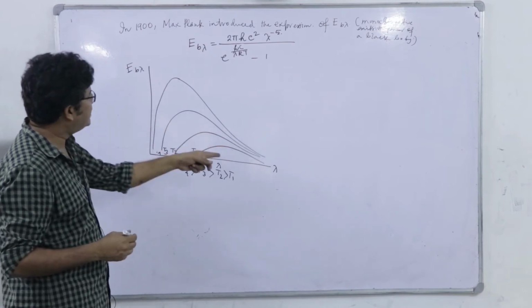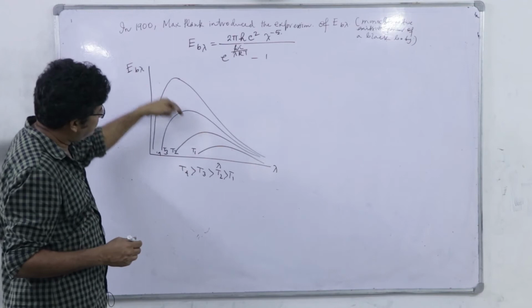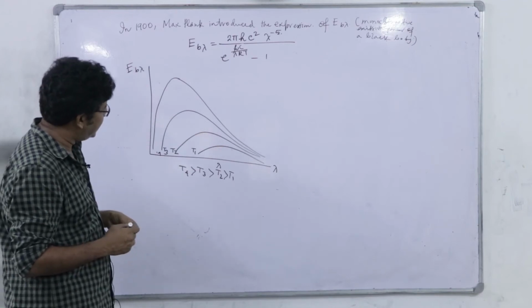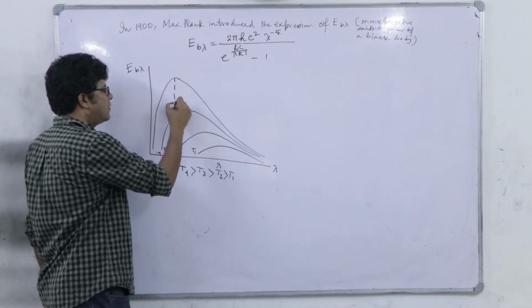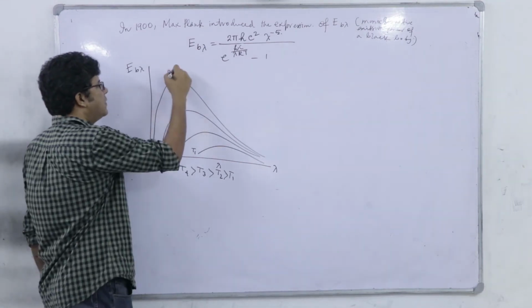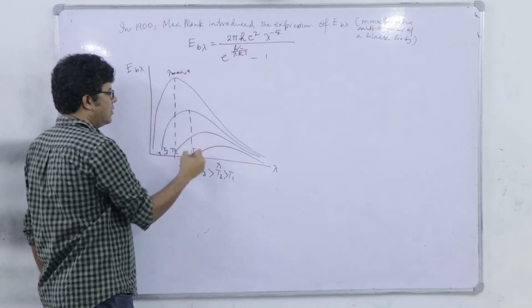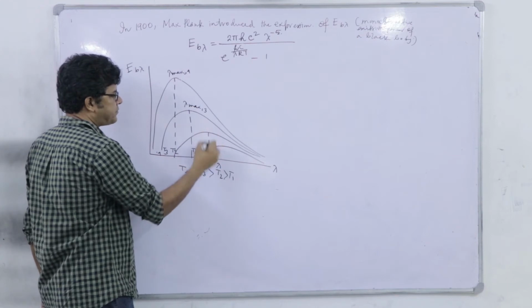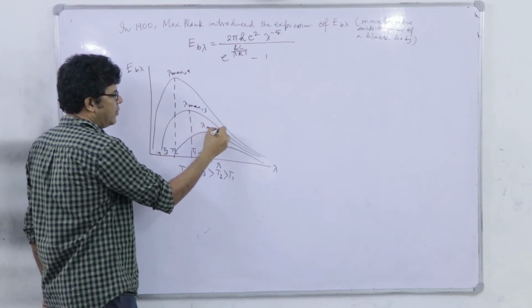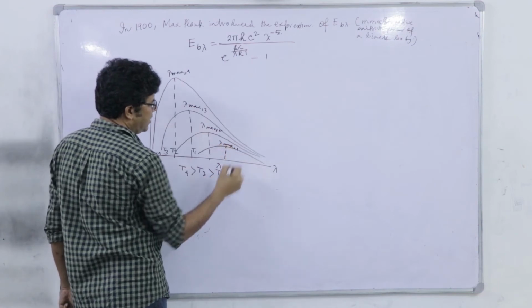And what we further observe, without going into this expression, is that with the increase of temperature, the lambda at which this maximum occurs, say lambda max 4, this is lambda max 3, lambda max 2 and lambda max 1, right.